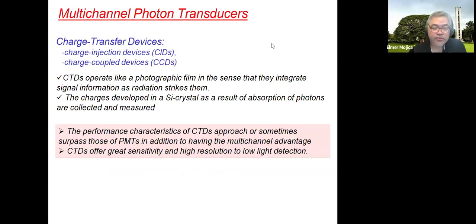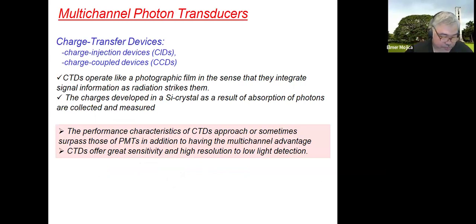Now, another thing that you have is the so-called charge transfer device. So the PDA cannot match the performance of the PMT with respect to sensitivity, dynamic range, and signal to noise ratio.